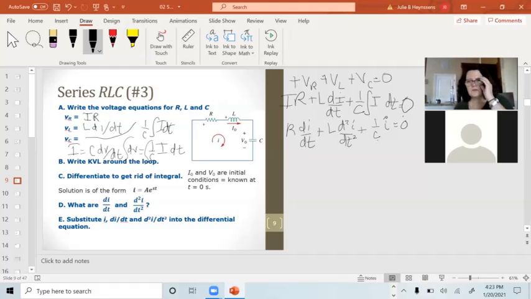I get a second order differential equation. This is why DiffEq is a co-rec or something like that for this class, or Calc 3 or something. Whatever math gets you here, I forget. So there is my equation.